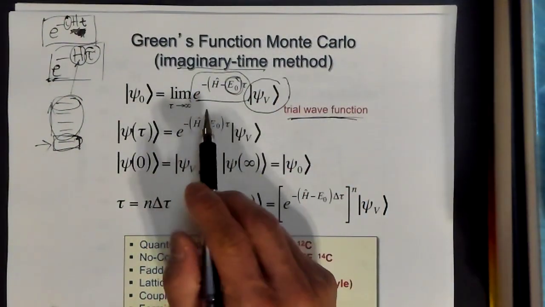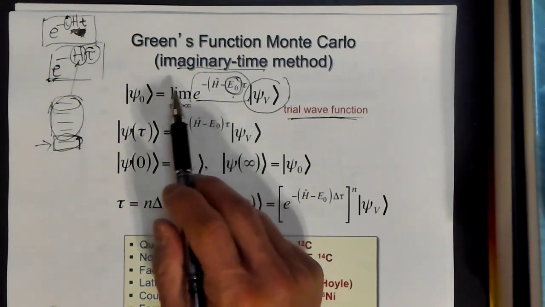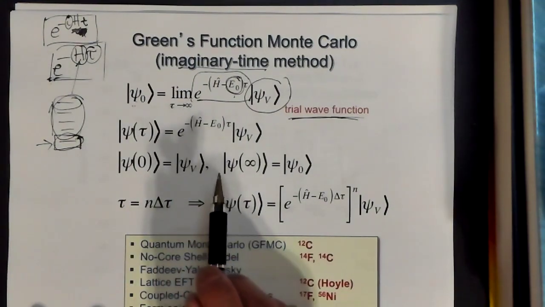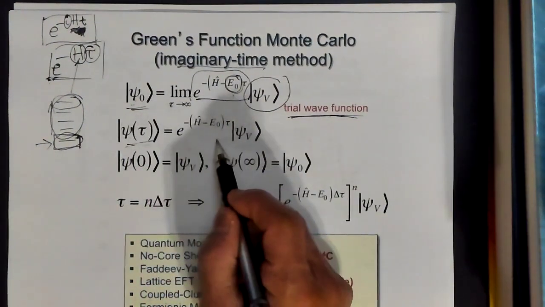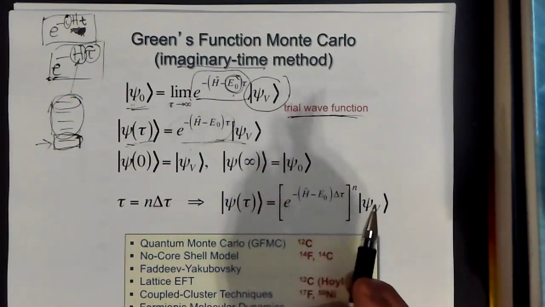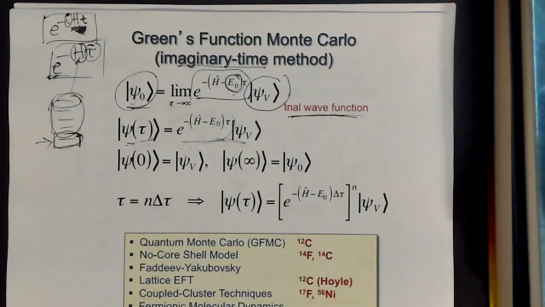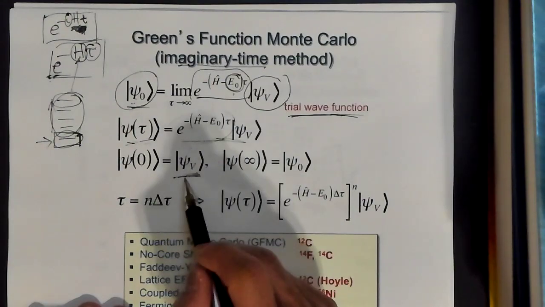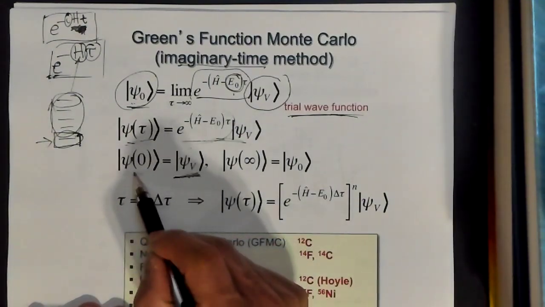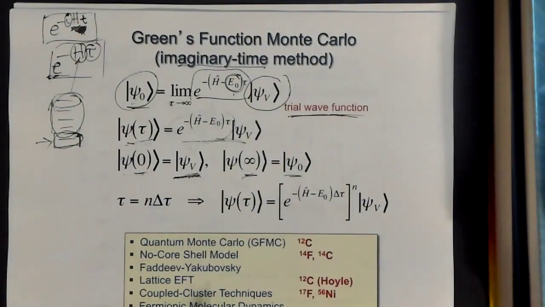If you project in time for large enough tau, you get something proportional to the ground state psi 0. So you project for some finite time to get a good approximation to psi 0. You start off with the initial trial wave function at time t equals 0, and at very large time, you get the ground state.